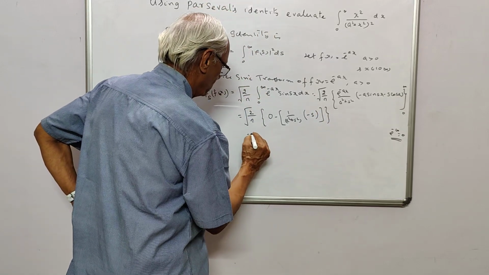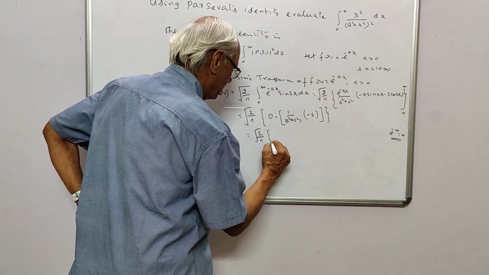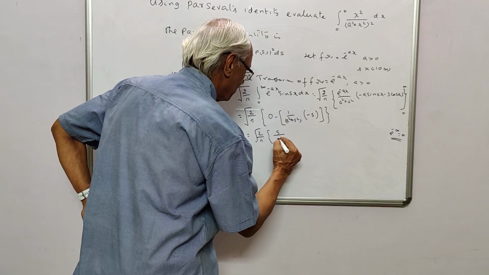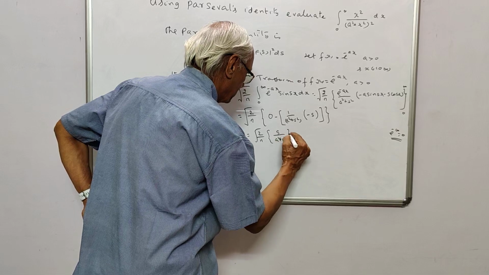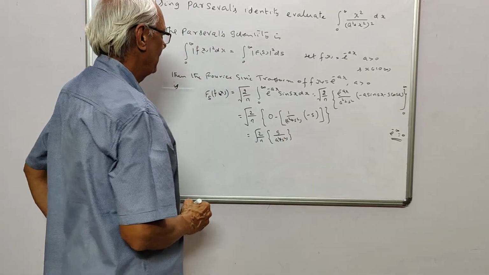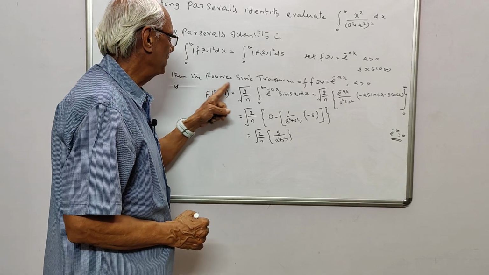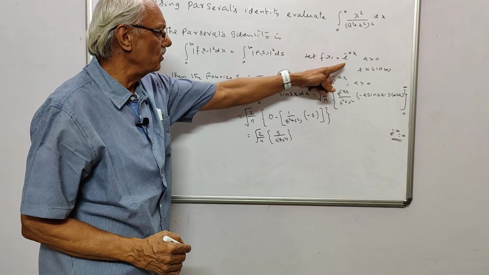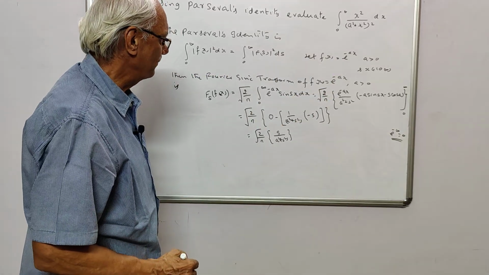So this is 2 by pi square root of this. You see that minus into minus is plus, so this is s divided by a squared plus s squared. So I am able to get the Fourier sine transform of f of x, namely e to the power of minus ax, as this.